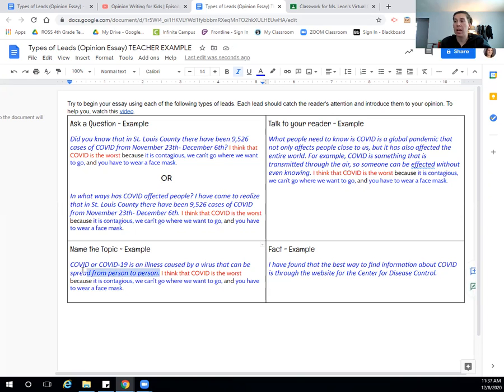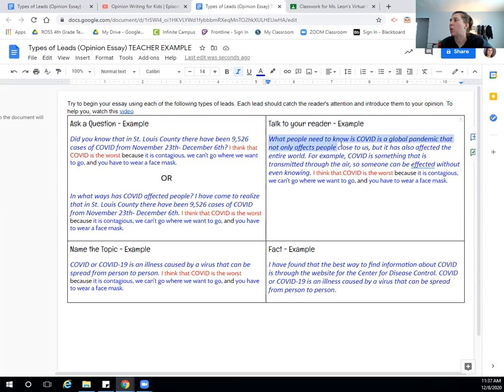And I'm just going to copy it from what I see here. COVID or COVID-19 is a serious illness caused by a virus that can be spread from person to person. And then I'm going to add something from what I see here.